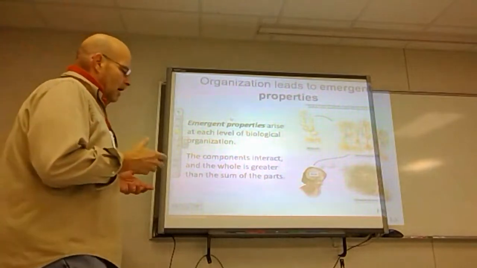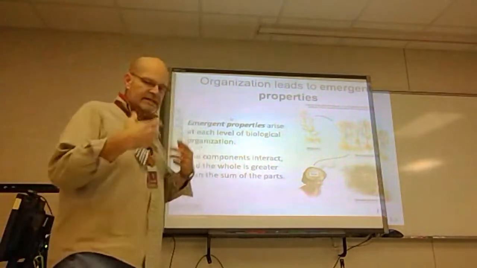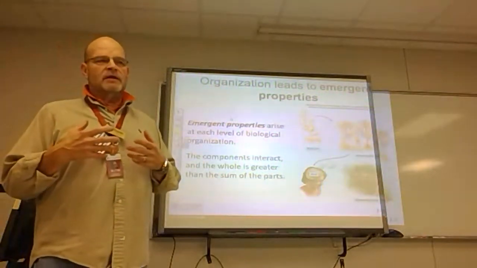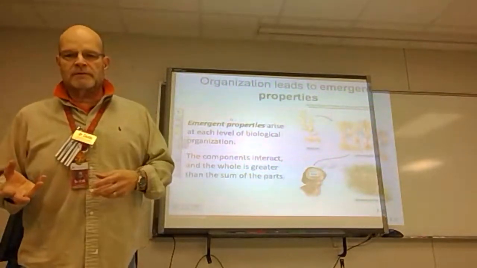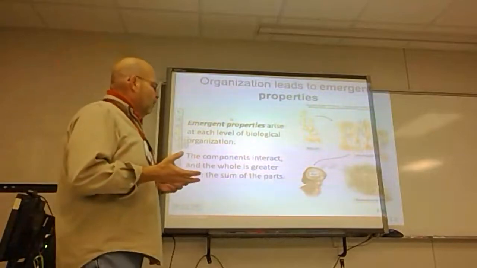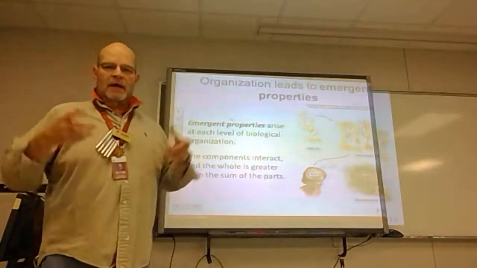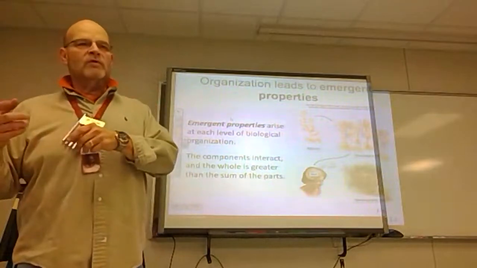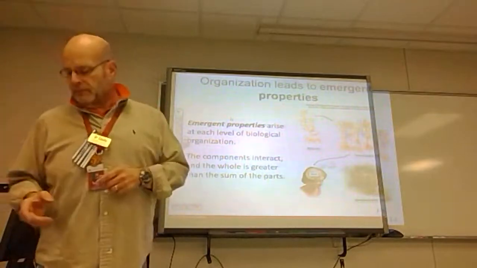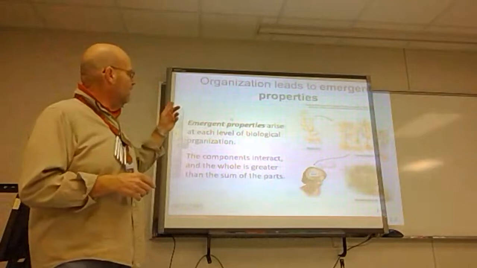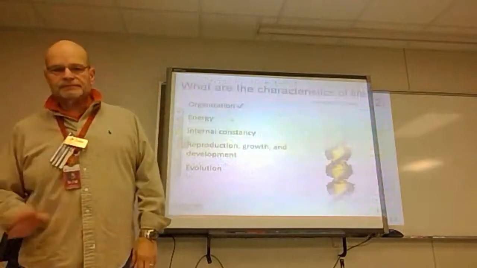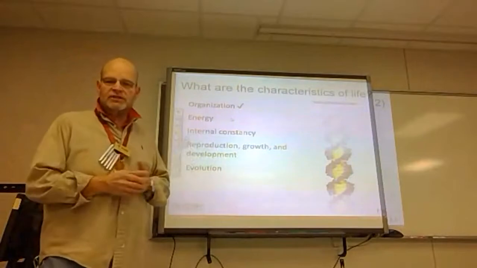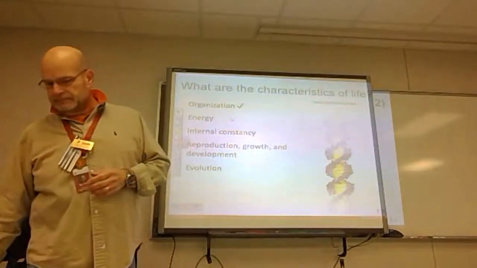Our brain works by sensing signals, interpreting those signals, and then developing a response to those signals. The brain sees a threat and analyzes the threat, and then we respond to that threat. Those are, again, emergent properties. So that's the organization of living things.